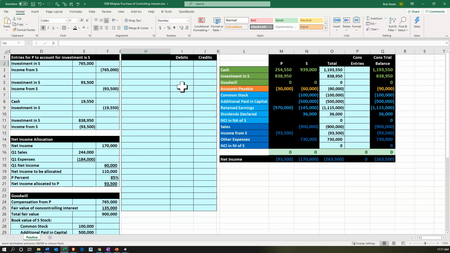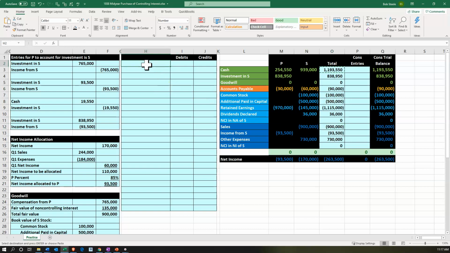And notice this makes sense because if we didn't do that, these accounts that P is recording with the equity method are not reflecting the first quarter data because they came in after the first quarter. They reflect the second. So in order for it to match out, we have to pull out the first quarter information here.